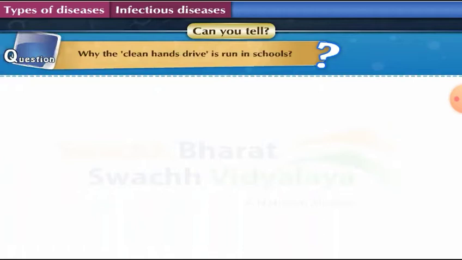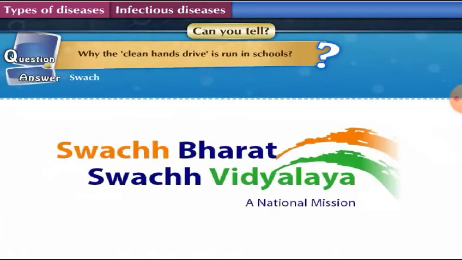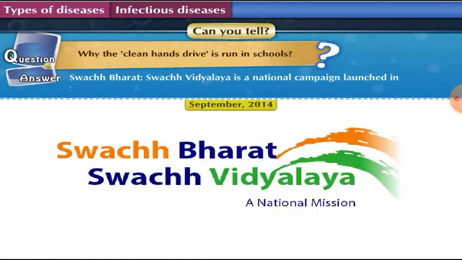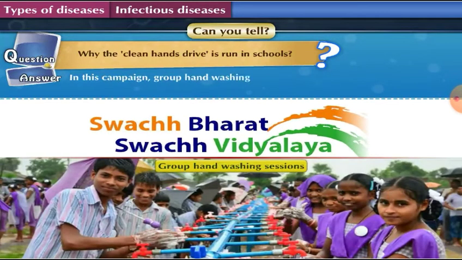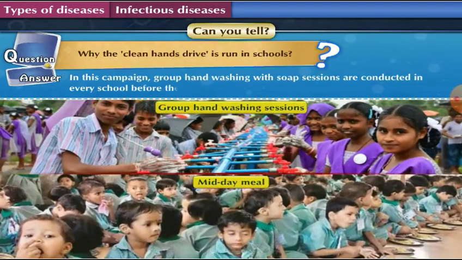Why is the Clean Hands Drive run in schools? Swachh Bharat, Swachh Vidyalaya is a national campaign launched in September 2014. In this campaign, group hand washing with soap sessions are conducted in every school before the midday meal is served.